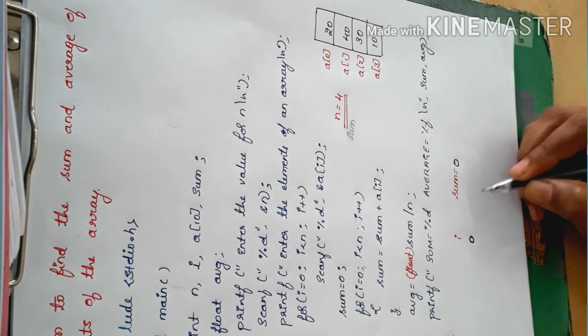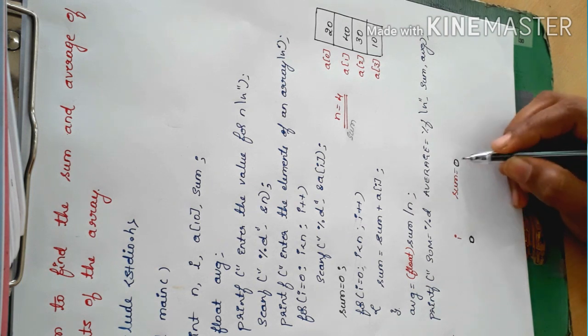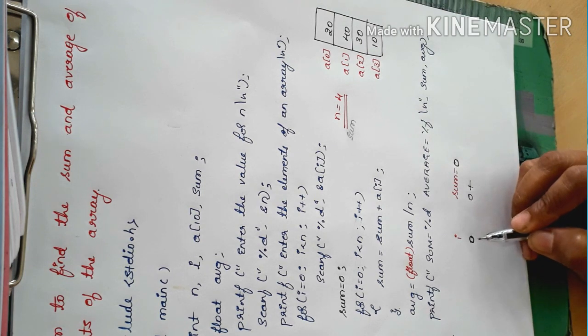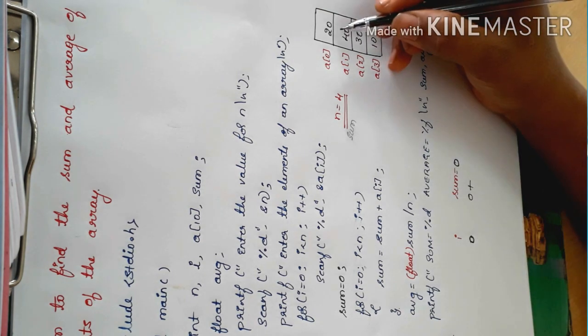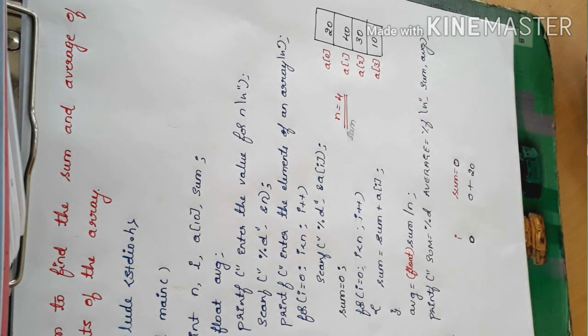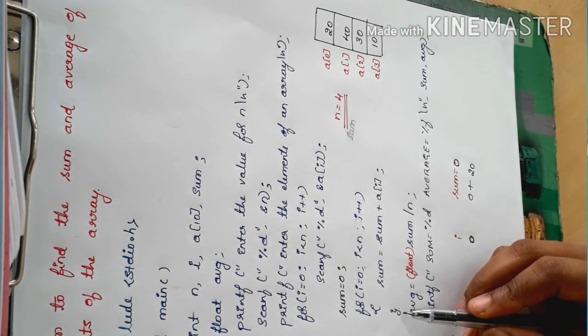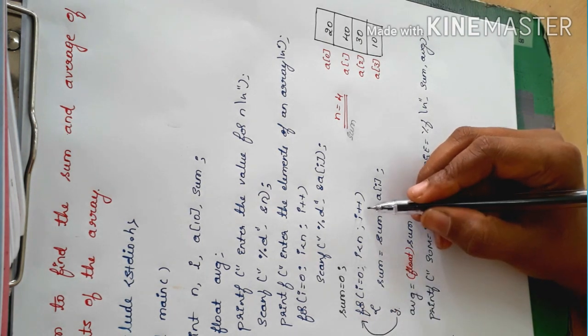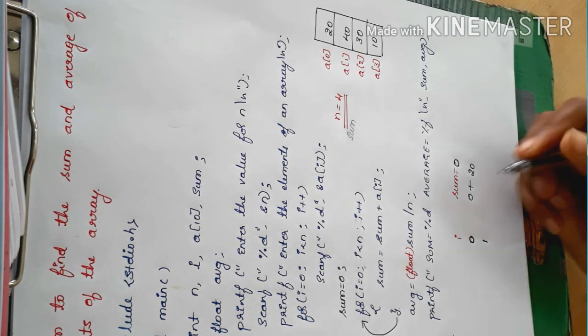Sum is equal to sum plus A of i, that is the previous value of sum, 0, plus A of i, means A of 0. The value of A of 0 is 20. Next, end for means control returns back to the for loop. Next, updation, that is increment the value of i by 1.